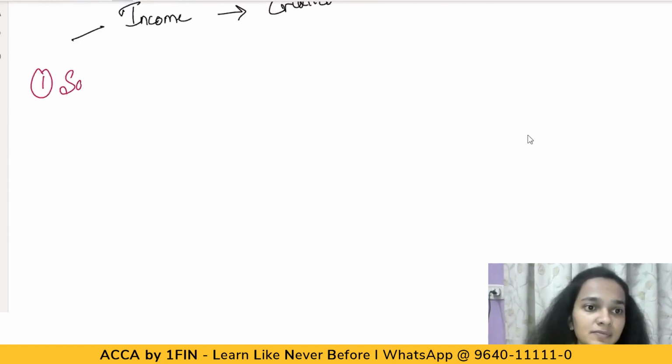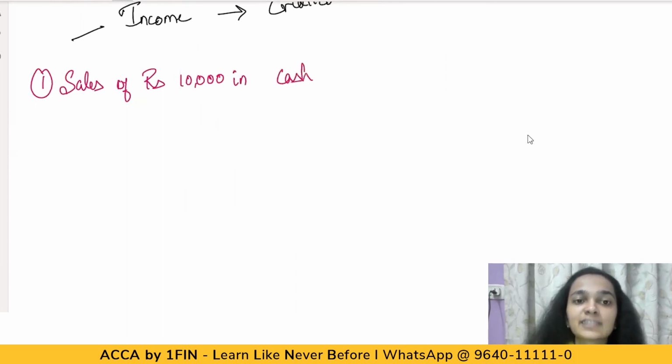Now say, sales of rupees 10,000 in cash. What will be the journal entry for this particular transaction?